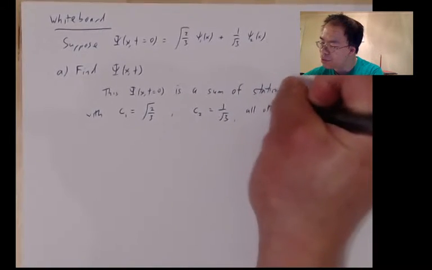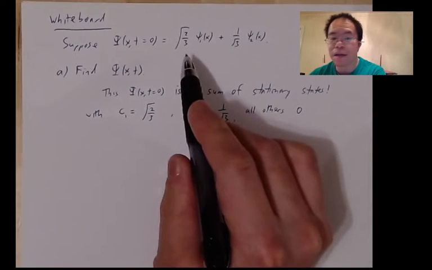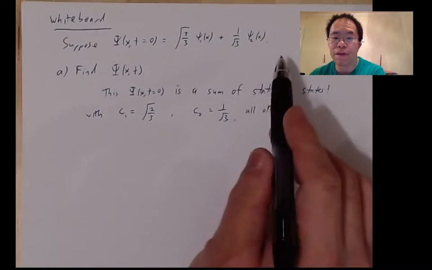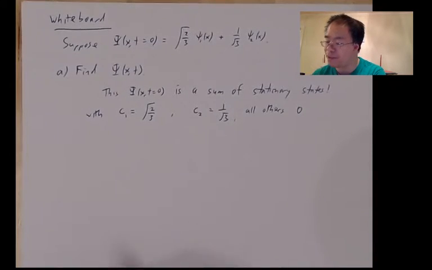All others are 0. So the key is to recognize that each one of these contributions time evolves with the appropriate phase factor.